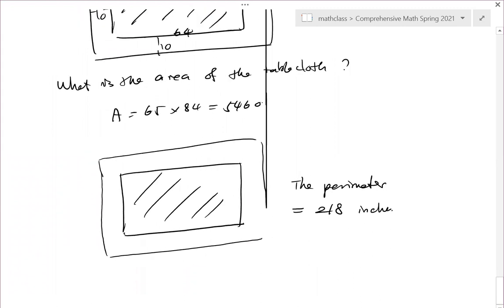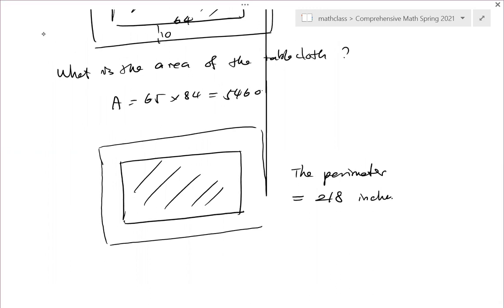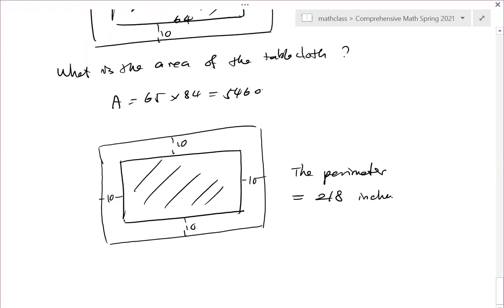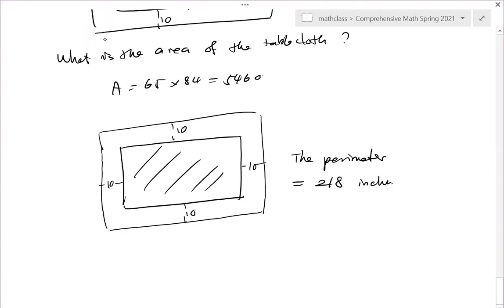What I know here is that it's 10 inches wide. So I cannot find the area of this tablecloth, but can we find out the area of the tablecloth which is outside the table?